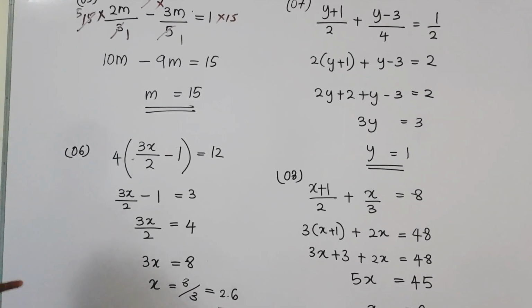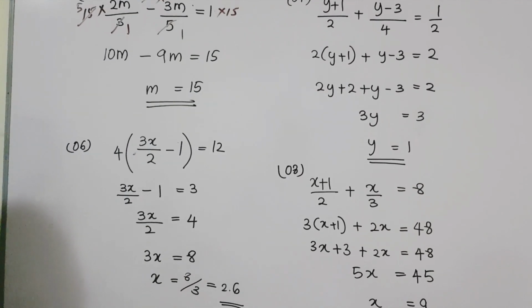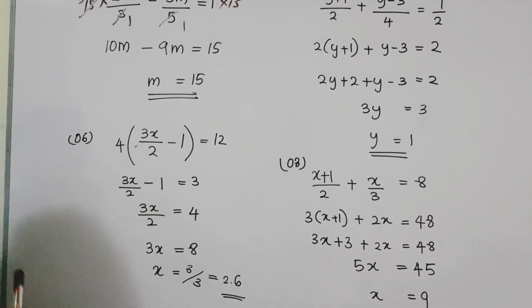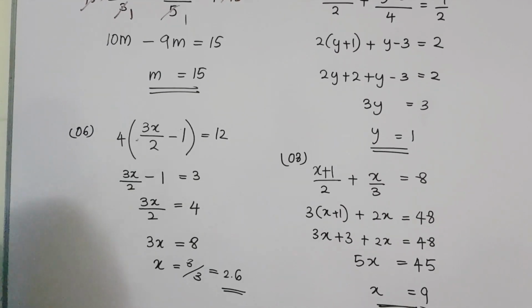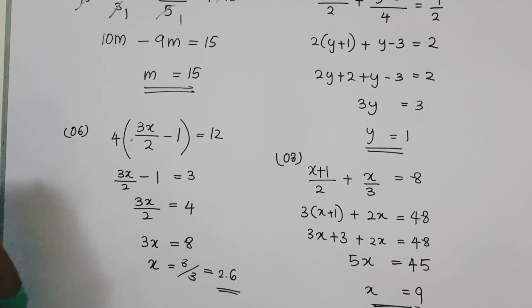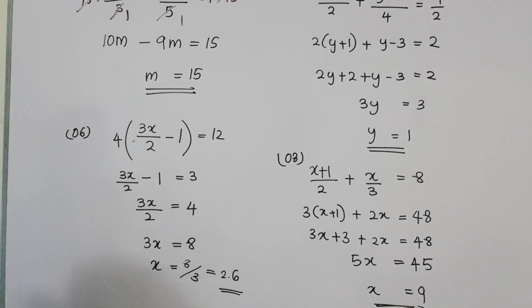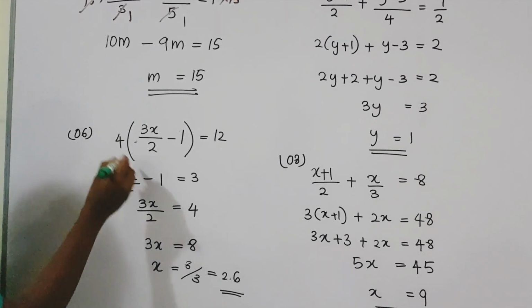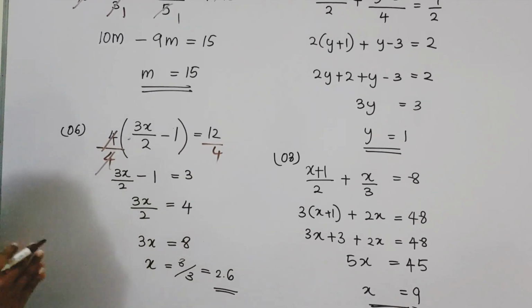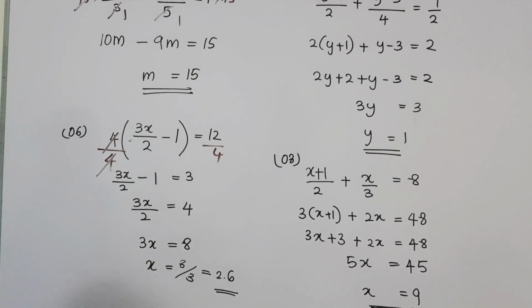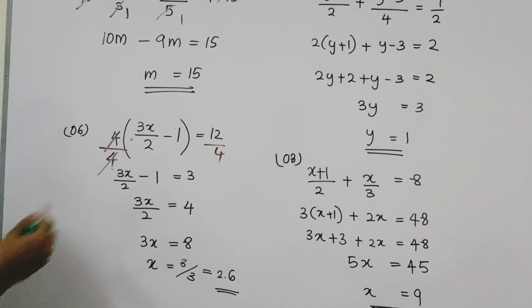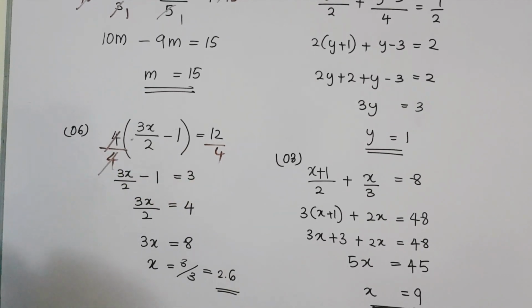Okay. Now let's see the 6th question. Read the 6th question. 4 bracket 3x over 2 minus 1 is equal to 12. In that you can see there's the number 4 which is outside the bracket. To remove that first, it's a multiplication, so you divide both sides by 4. 4 and 4 will get cancelled, so the brackets will get opened up. 3x over 2 minus 1 is equal to 12 over 4, which is 3.